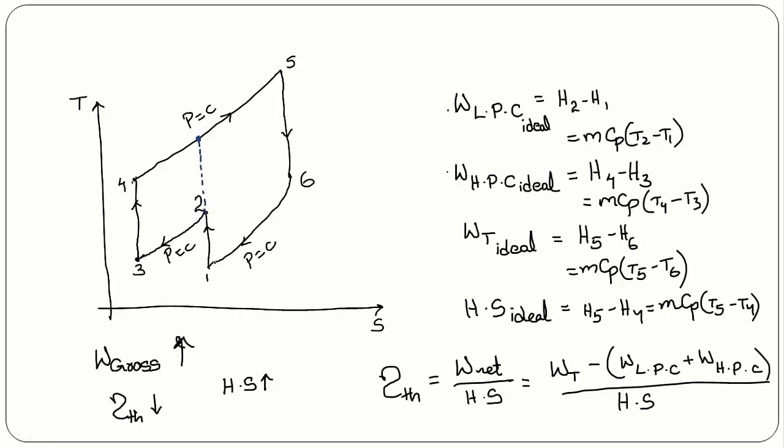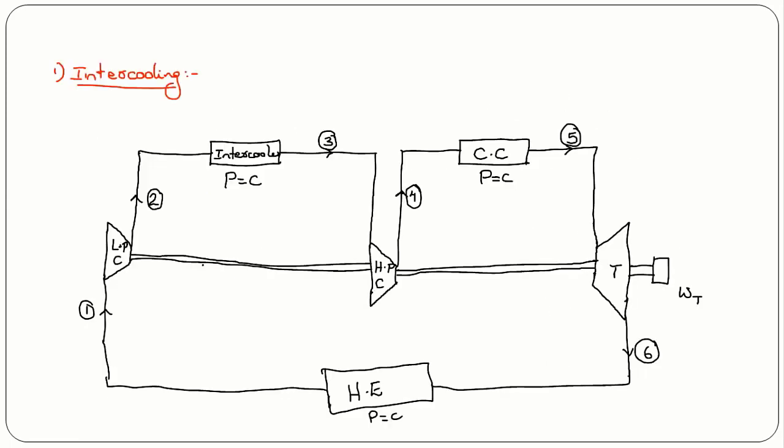Now here we need to learn one important thing called perfect intercooling. So what do we mean by perfect intercooling? When we come across perfect intercooling, the temperatures at the entry to both the compressors should be the same.